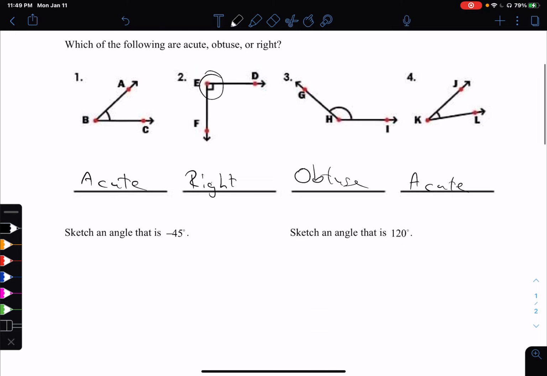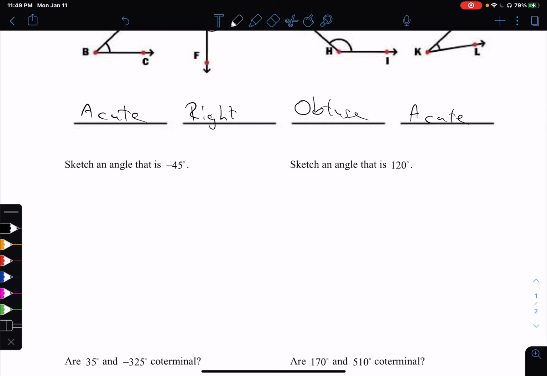Okay, next up, sketch an angle that is minus 45 degrees. That's a sad looking line. Okay, well, I'm not looking for precision here. We don't have a protractor, but I just want to give you an idea of what it could be.